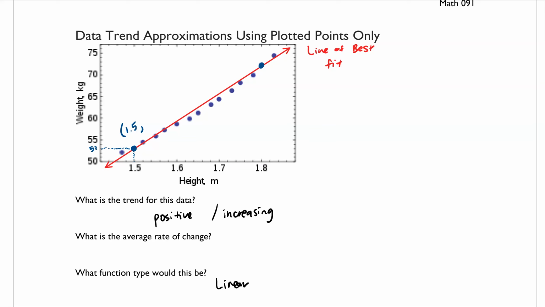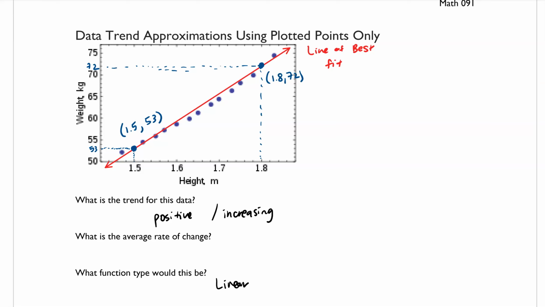It looks like that is 53. So 1.5 comma 53. And then, okay, it's looking like that is 72 there. So this next ordered pair, I believe, is going to be 1.8 comma 72.